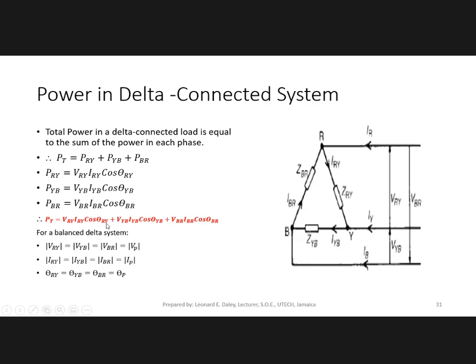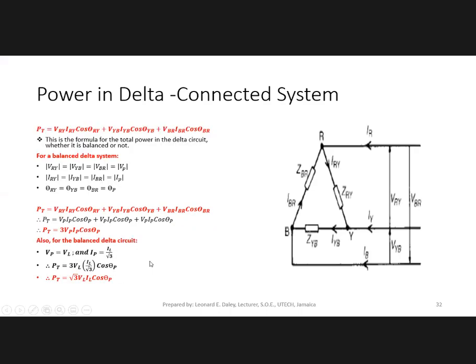And the angle between phase voltage and phase current is the same for each phase, so let's call that theta P. Just to reiterate, the formula at the top of the page is the total power in a delta circuit, whether the system is balanced or not.